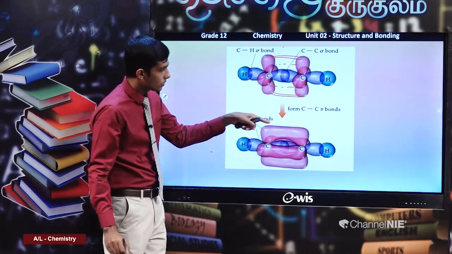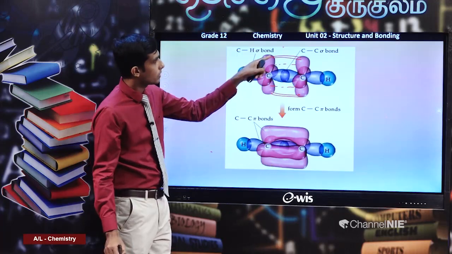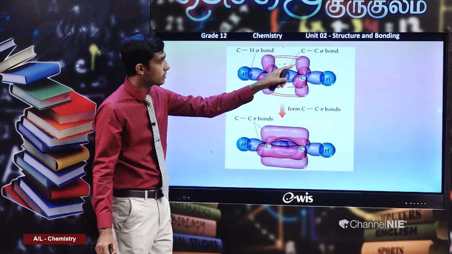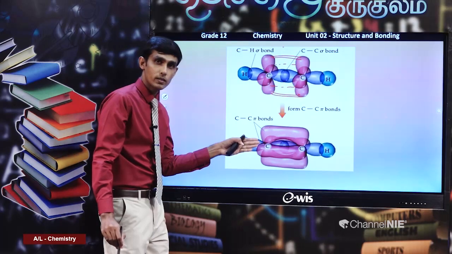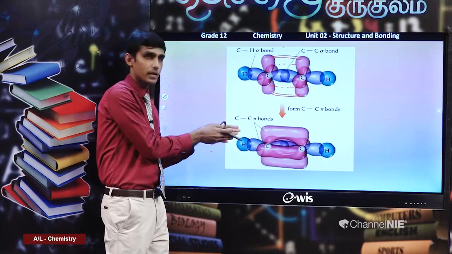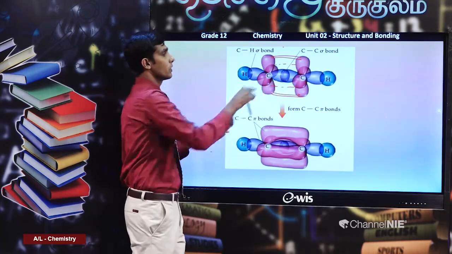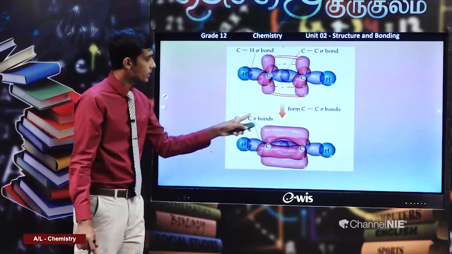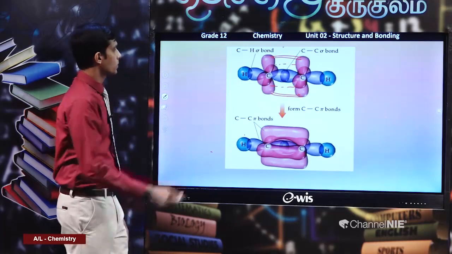Two electron clouds above and below the plane are formed by the lateral overlap of these two p orbitals, and the other two electron clouds just in front of this plane and behind the plane are due to the lateral overlapping of the remaining two p orbitals. So, this is the structure of the C2H2 molecule.